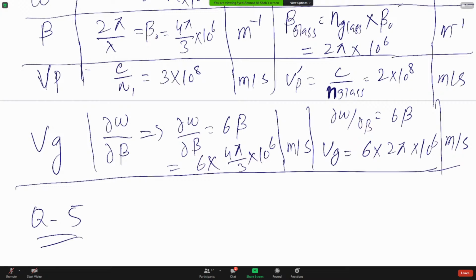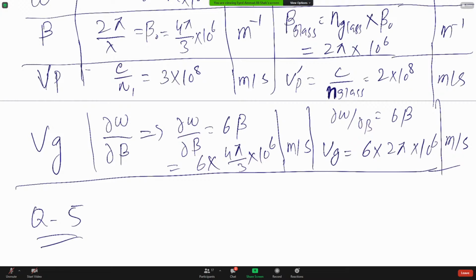No, not particularly. The g signifies the group, and then you have to see the medium for the n. To solve it in this case, you just take the derivative of the angular frequency with respect to beta.